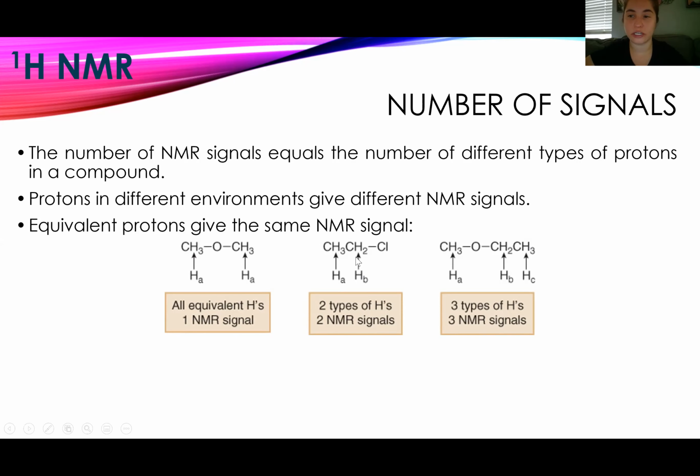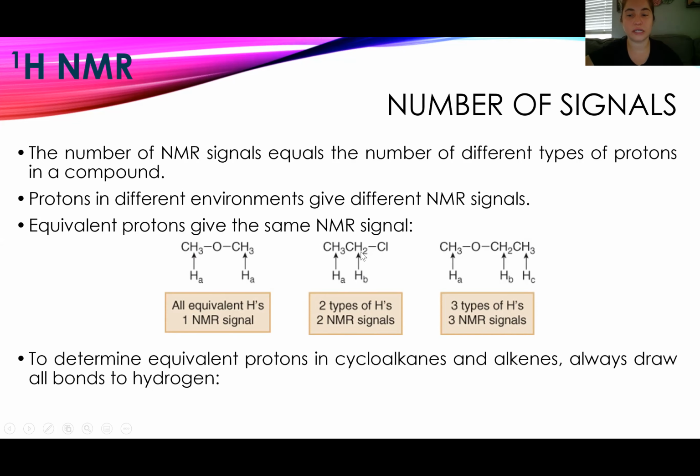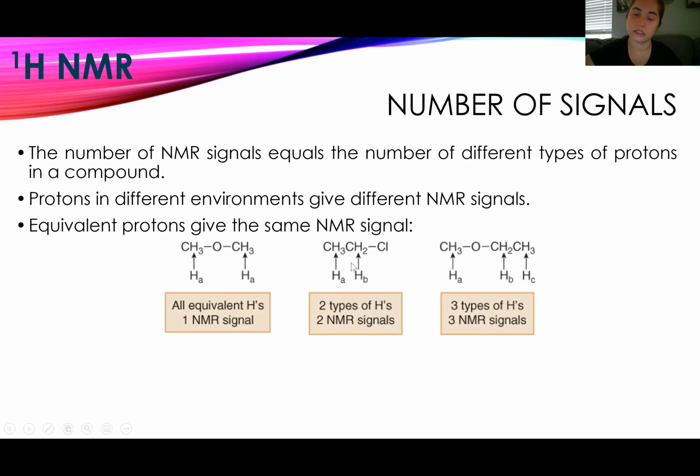They are directly adjacent to the chlorine, but the carbon that's a methyl group over here is separated from the chlorine by another carbon. So these hydrogens are experiencing very different magnetic environments. Additionally, this is a CH3 group, so there are 3 hydrogens on this carbon versus the CH2 group where there are 2 hydrogens on that carbon. So any degree of difference is going to cause them to have different magnetic environments.